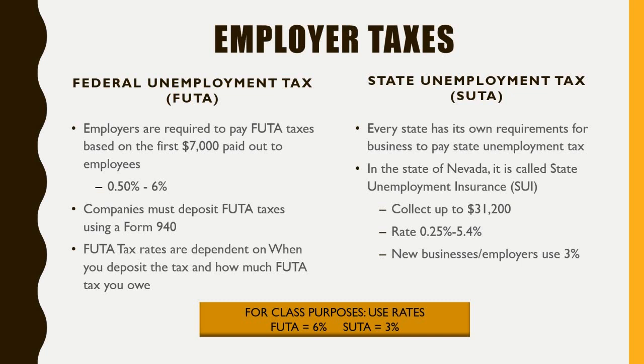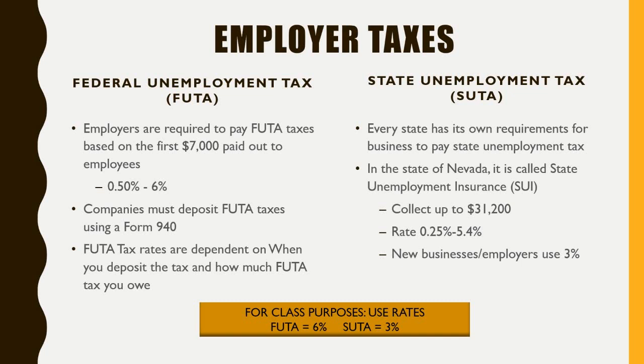Okay, so if they owe, for example, Walmart, if they owe billions of dollars because they have so many employees, you bet that this percentage is going to be super high. In this case, the maximum is 6%. The minimum is anywhere from 0.5%.